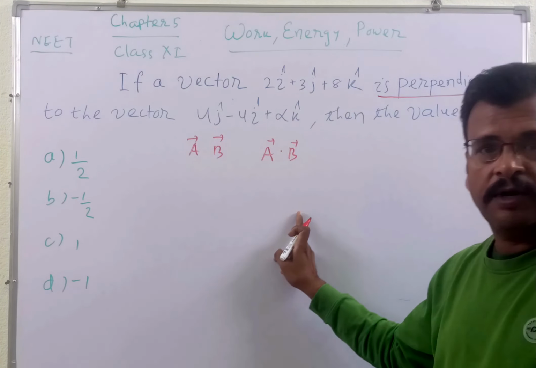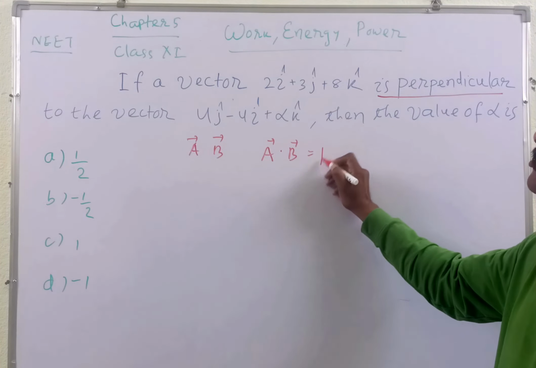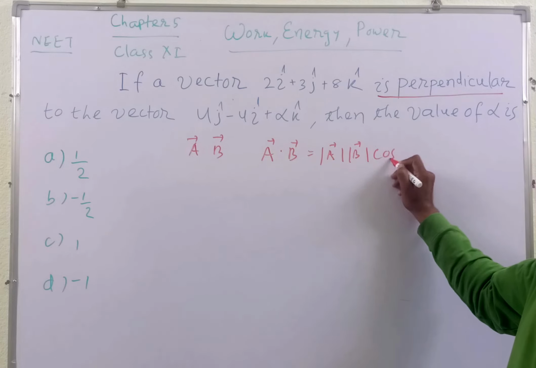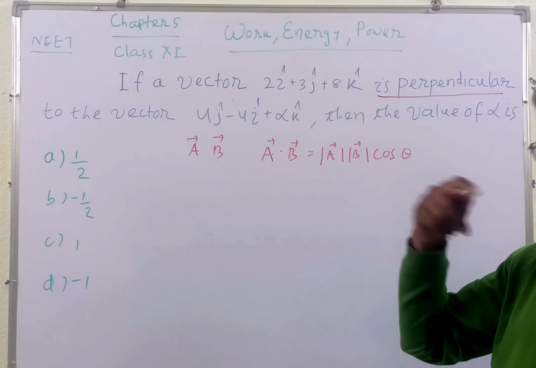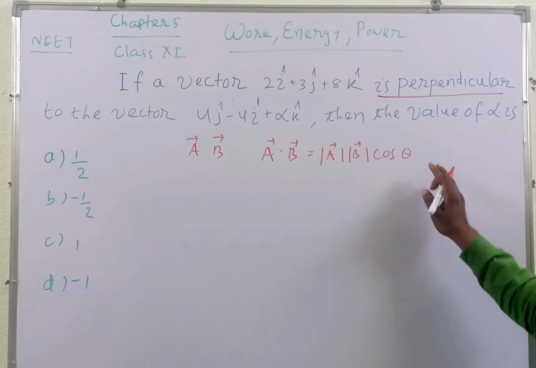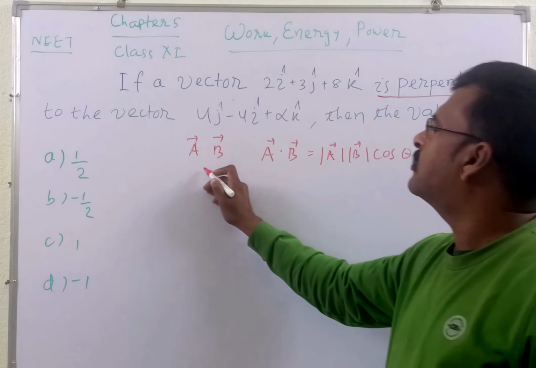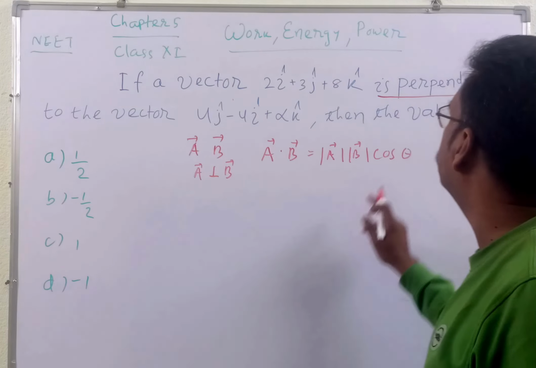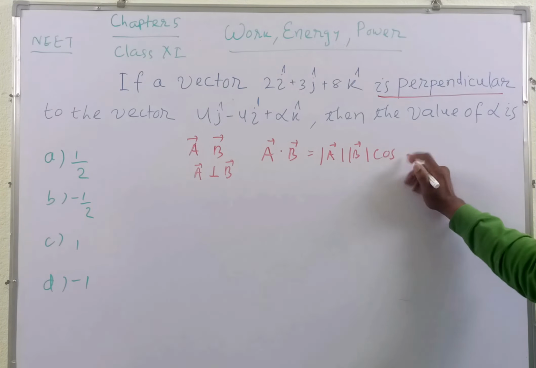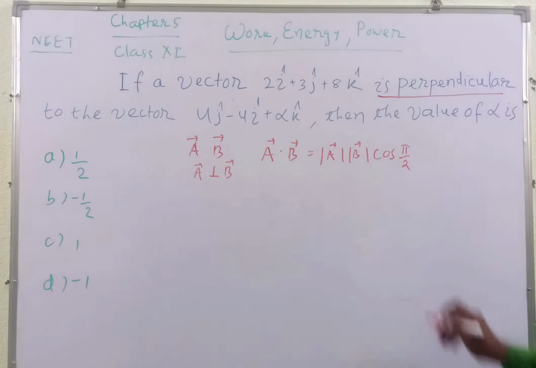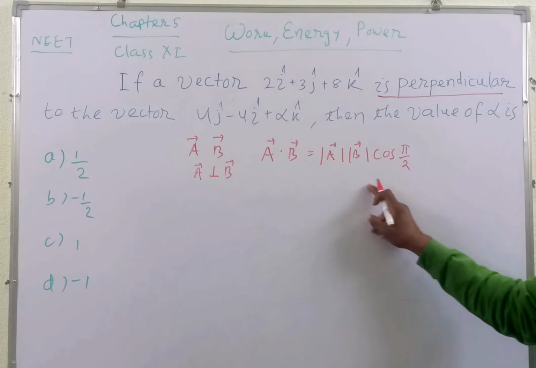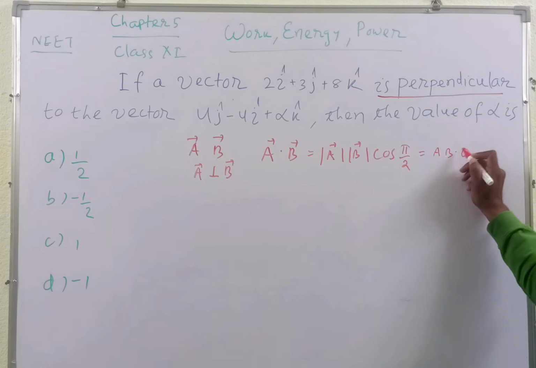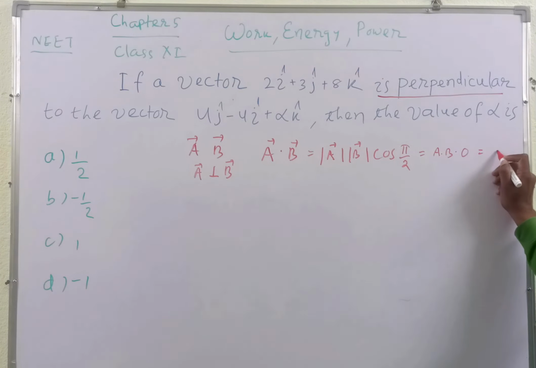The dot product of two vectors we know is equal to mod A mod B cos theta, where theta is the angle between the vectors A and B. If vector A is perpendicular to vector B, then cos theta becomes cos pi by 2 or cos 90 degrees. Then this becomes AB into 0, so this becomes 0.